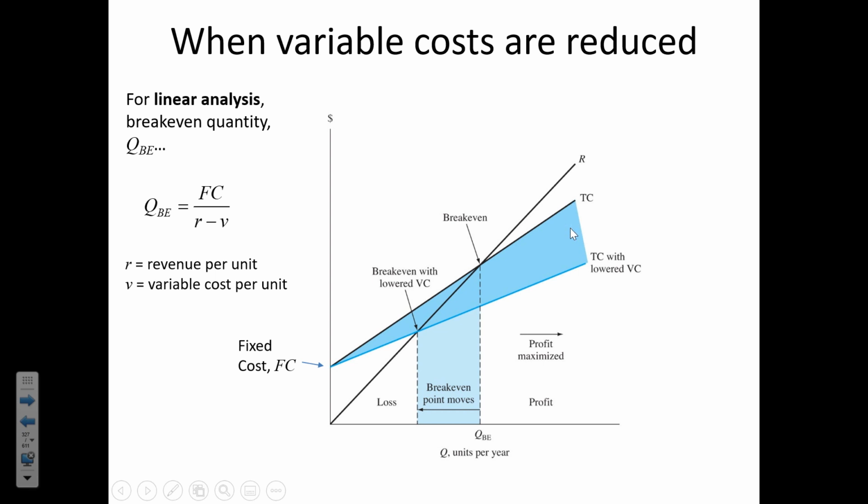And if you bring your costs lower, then what that means is that the break-even point moves to the left, which means simply you don't have to sell as many units to break even if your cost per unit is lower. So here our revenue curve stays the same, but it's just somehow we have reduced our cost per unit, and that shifts the break-even point to the left.